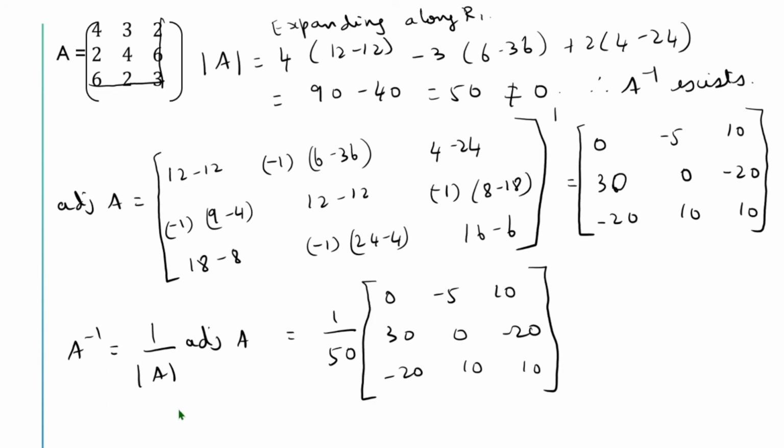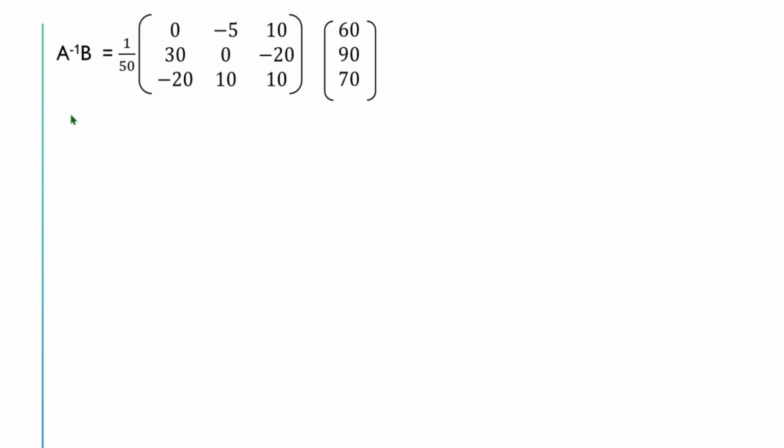Now we have found A inverse. The next step is to find A inverse into B and equate it to X. So A inverse into B is 1 by 50 into 0, minus 5, 10, 30, 0, minus 20, minus 20, 10, 10 into the matrix 60, 90, 70.